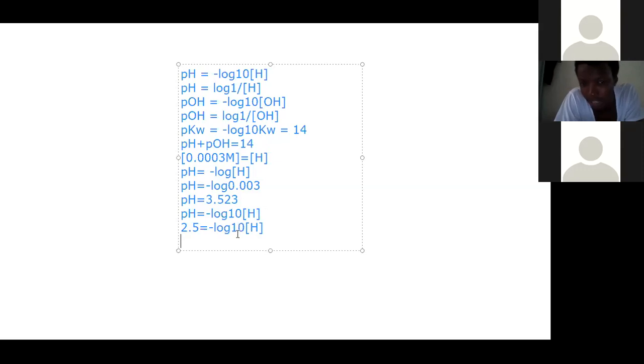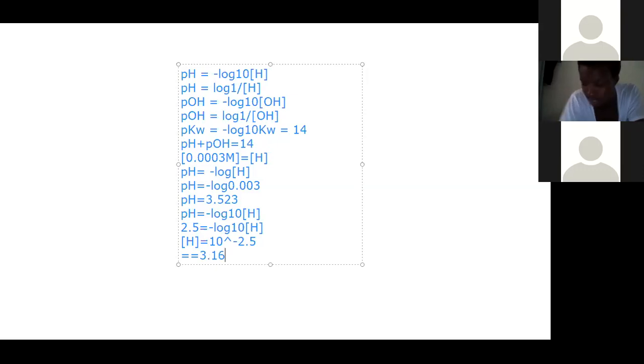Then, if you want H to stand on its own, it will be 10 raised to the power minus 2.5. What's the answer?